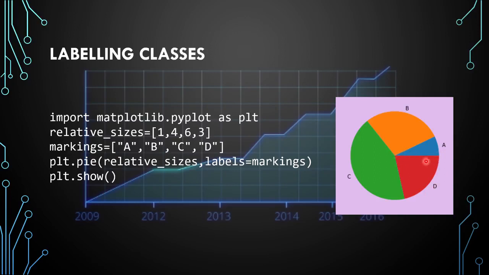If you have studied angles in trigonometry or in complex functions, you know that angle 0 degree starts from here and goes anti-clockwise. The same thing happens here also. A starts from the 0 degree, the x-axis, and it will go here. Now we will see in our upcoming slides how to customize this orientation also.